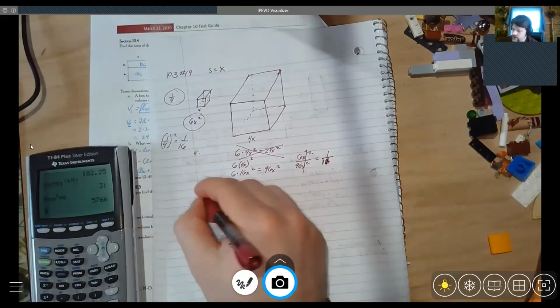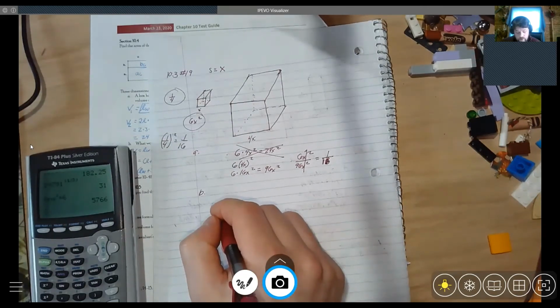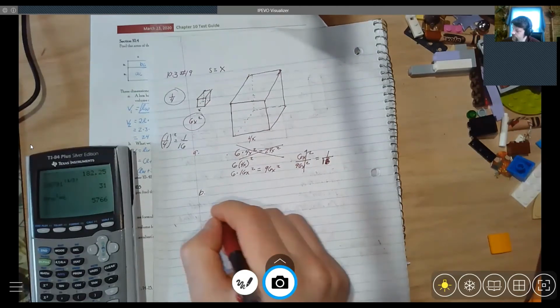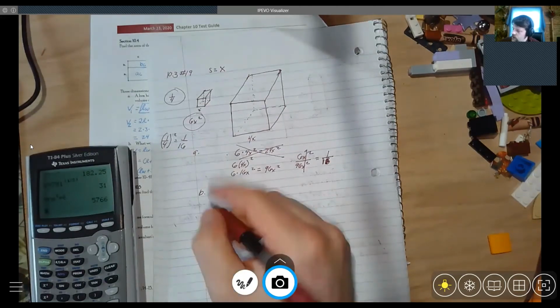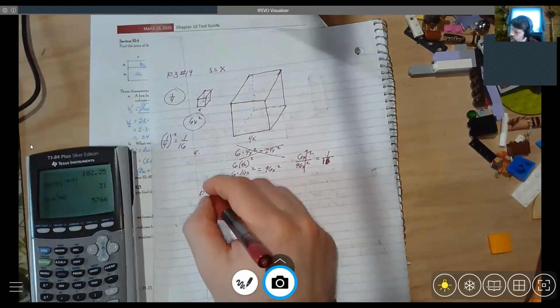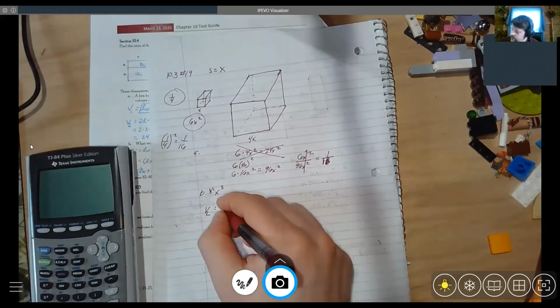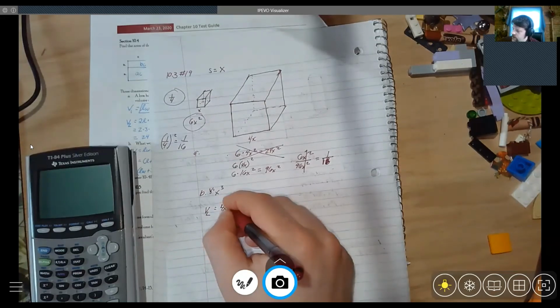So now for part B, it says, what is the ratio of their volumes? So the volume of my smaller cube is x cubed, right? And then for my larger cube, don't make that mistake we just talked about.